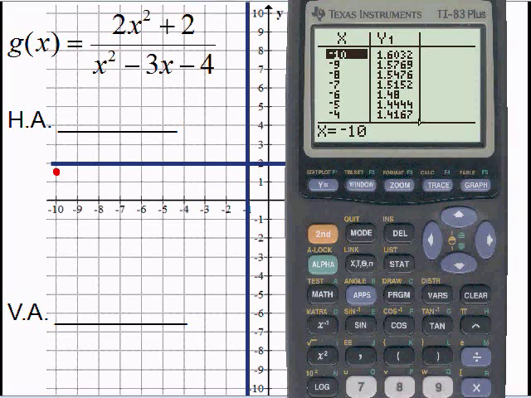Let's pick another point, -6, 1.48. So again, right about in the same area. And -4, 1.4. So again, we're just staying in the same area right here. And that's again why it is a horizontal asymptote, because it's flat right here. Those points are going to disappear just for a second while I scroll down and find a few more points.